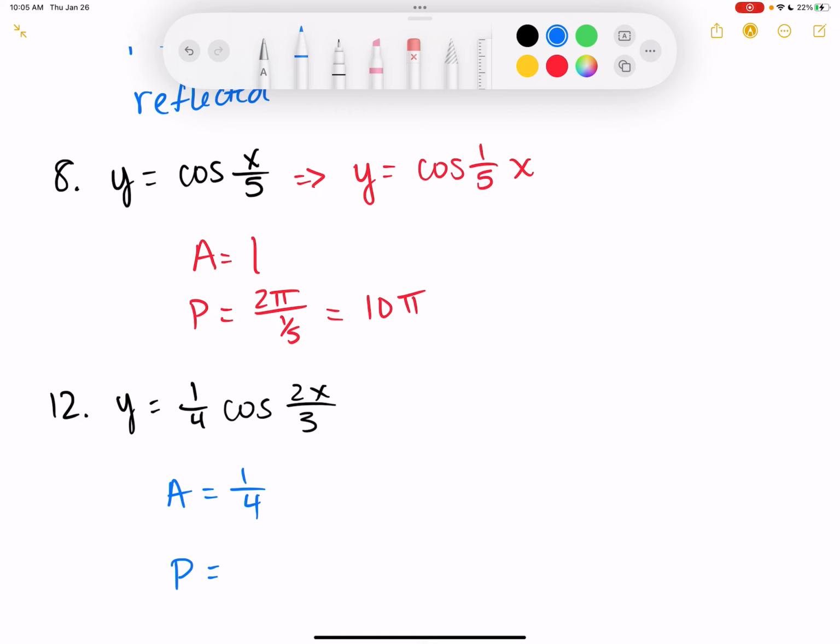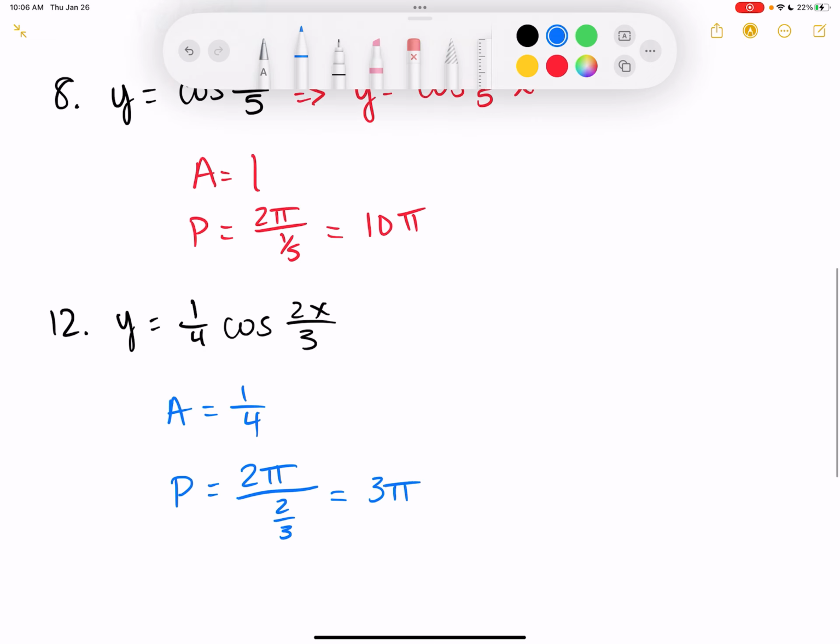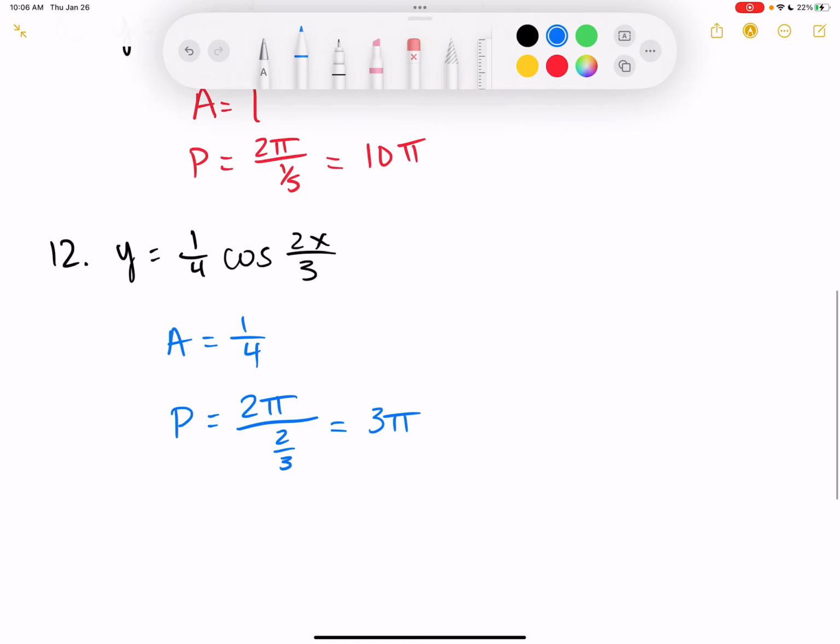Would it be 2 pi over 2/3? Yep. Which is going to end up being equal to 3 pi. Because the 2's are going to cancel top and bottom when I flip it, so it'll just be 3 pi. And just remember, if b was negative, make it the absolute value. There's a couple problems that have that happen at different times.